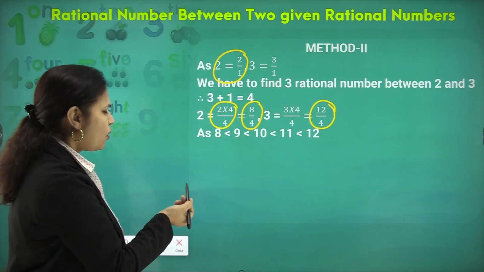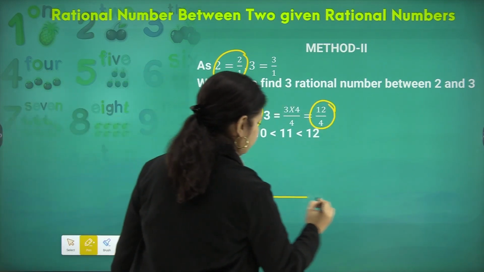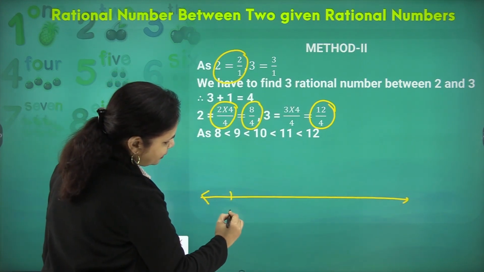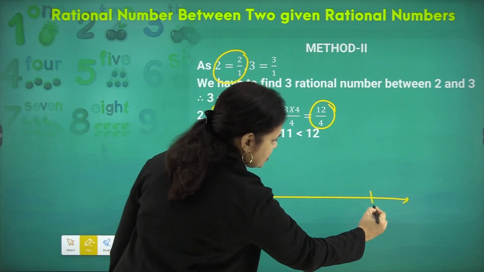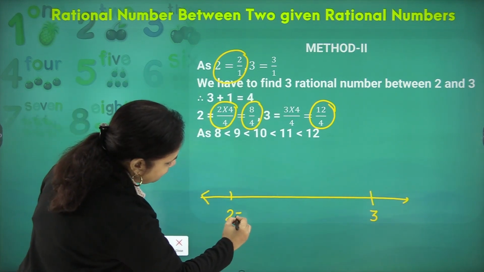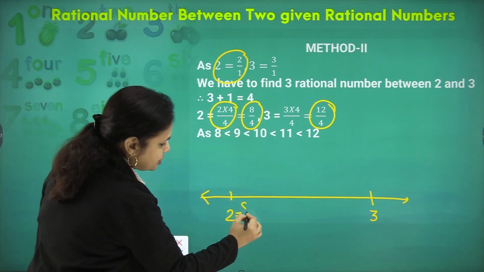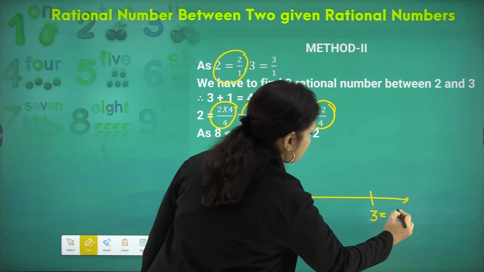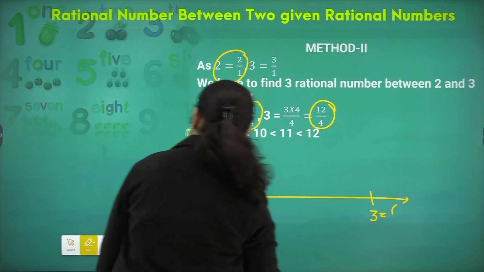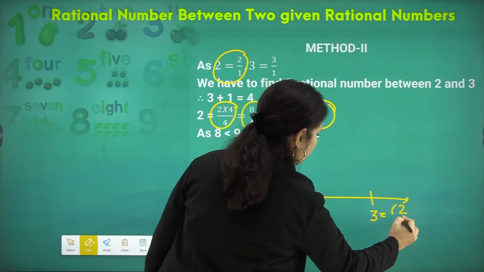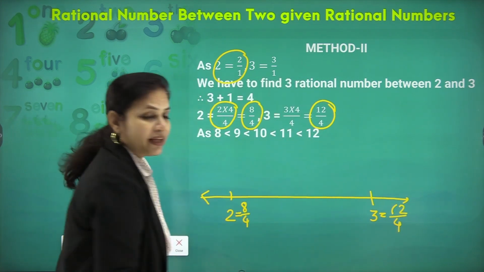Now let us draw a number line. This is my 2, this is my 3. I have converted 2 to 8 upon 4 and 3 has been converted to 12 upon 4. Why this 4?